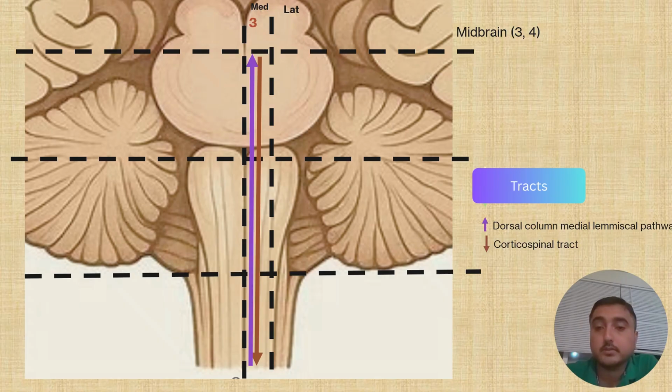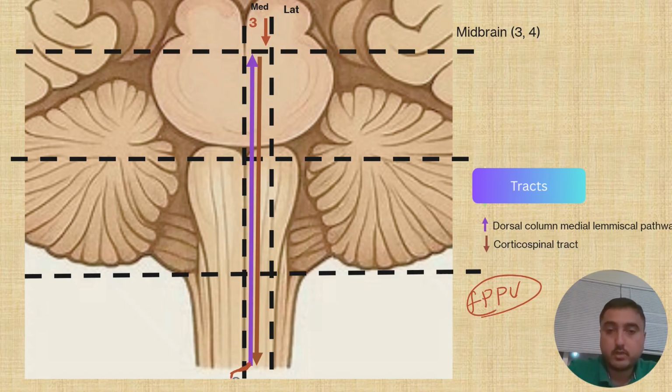We have different tracts in the medial side of the brain. The 3 major tracts are: 2 of them are the descending tracts and 1 is the ascending tract. The ascending would be the dorsal column medial lemniscal pathway that brings the fibers from the spinal cord that take a sit at the caudal medulla over here and then ascend towards the cortex, bringing the sensation of fine touch, proprioception, pressure and vibration from the dorsal column of the spinal cord.